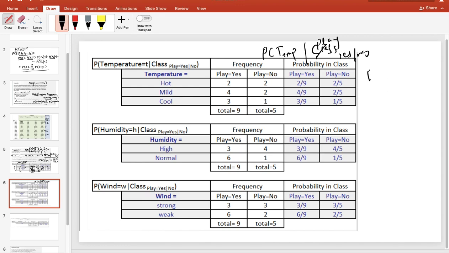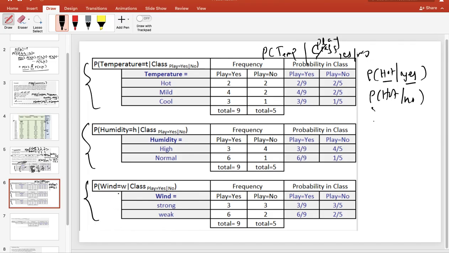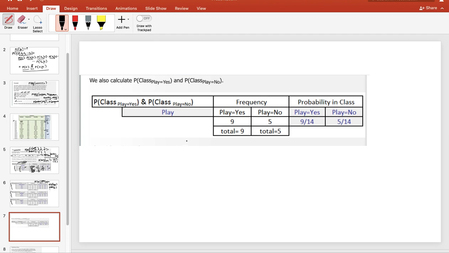So we need to compute the probability of hot given we played, that means yes, and probability of hot given we did not play, right? So this is temperature and this is class. So we need to compute this also. By using the same method which we used, this table can be computed again. This table needs to be computed in a similar fashion, and this table needs to be computed in a similar fashion.